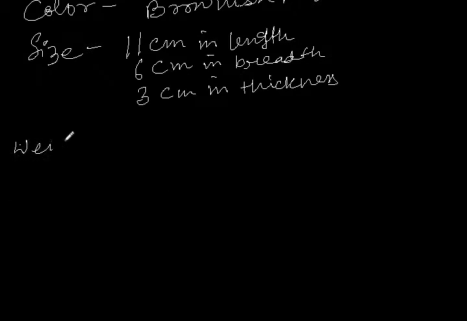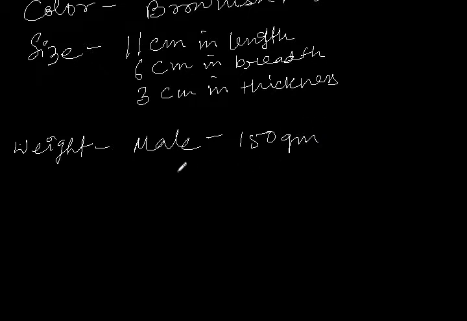The weight of the kidney varies depending upon the sex. In case of male, the weight of the kidney is approximately 150 grams, whereas in case of female, it is approximately 135 grams.